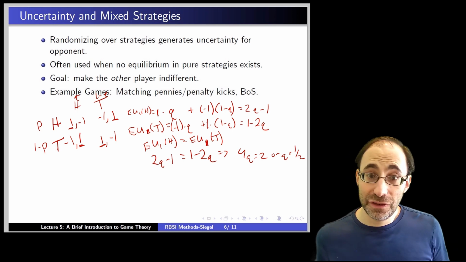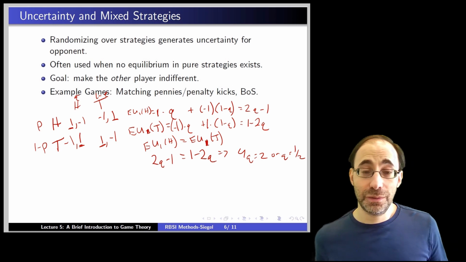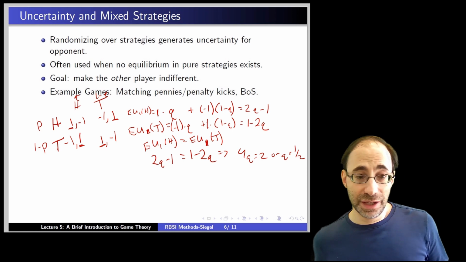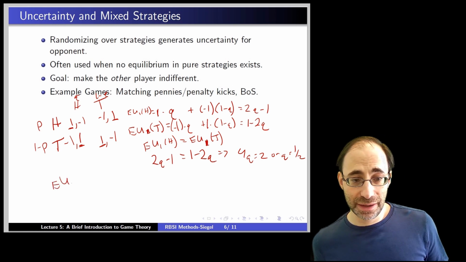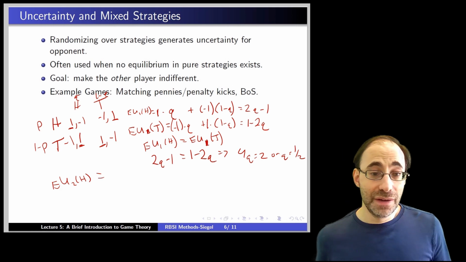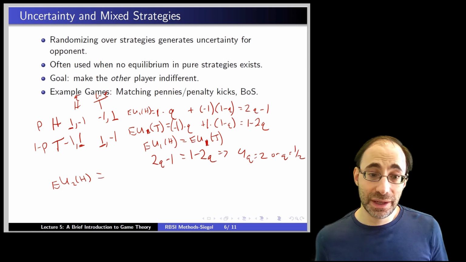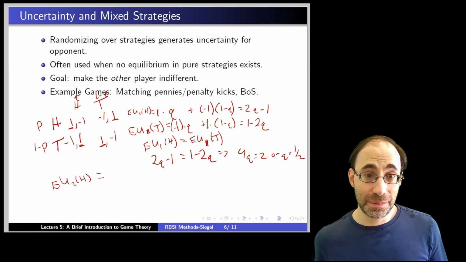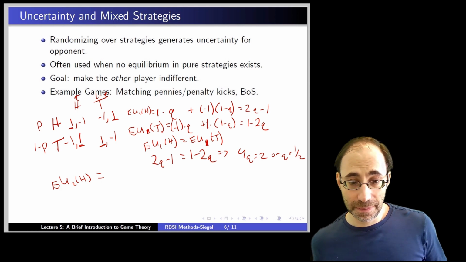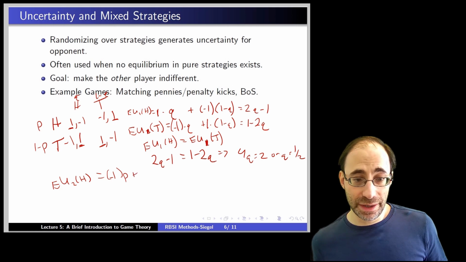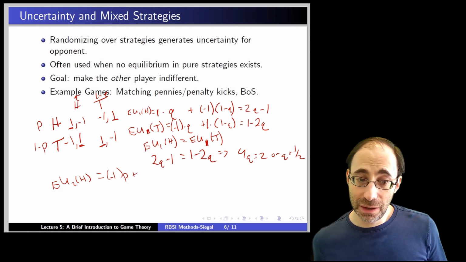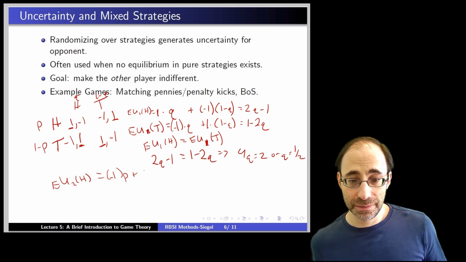Now we can do the exact same thing for player 2, and we have to. So for player 2 to be indifferent, the utility for player 2 to play heads has to equal the same for tails. For heads, player 2 gets negative 1 with probability P when player 1 plays heads, and gets 1 with probability 1 minus P when player 1 plays tails.